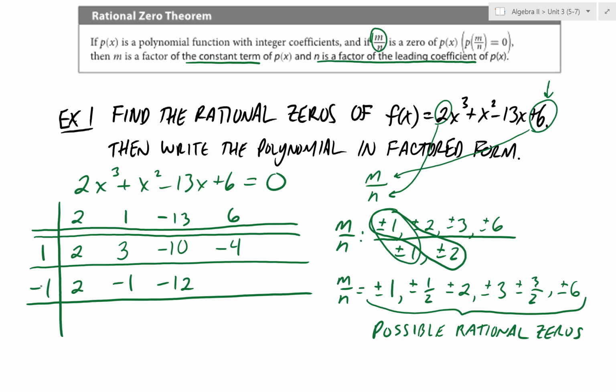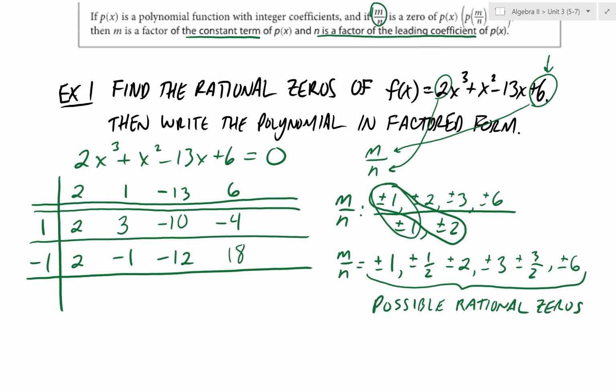I did negative 1 times negative 1 is positive 1. Add that to negative 13, we get negative 12. Do you agree? Okay. Multiply again, you get positive 12. Add it to 6, and you get 18. So that one didn't work either. So let's go to our next number, 1/2.